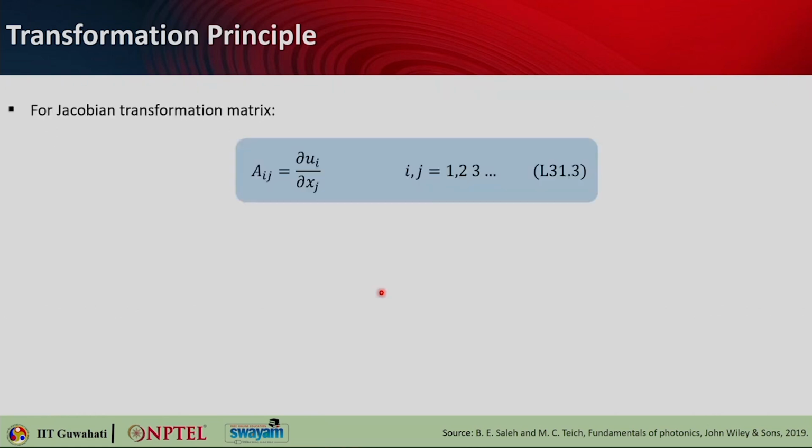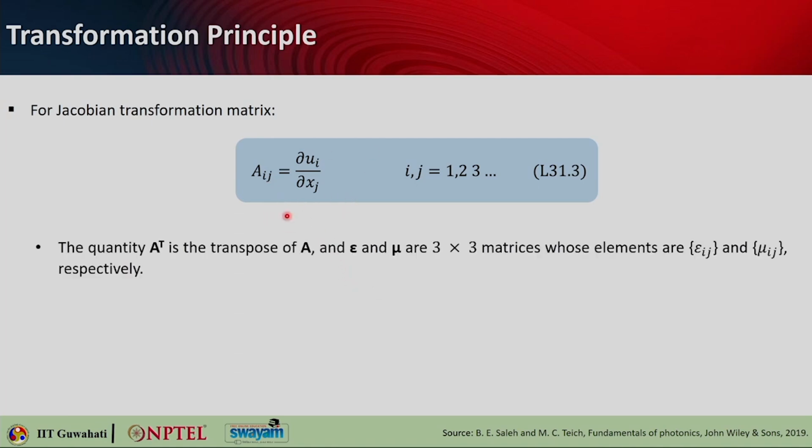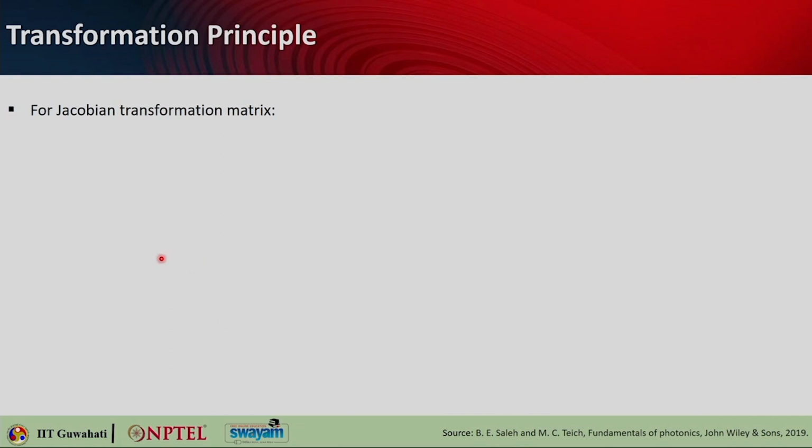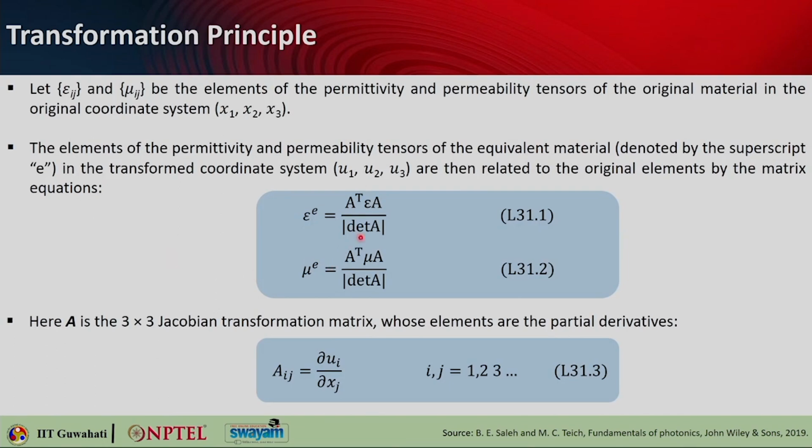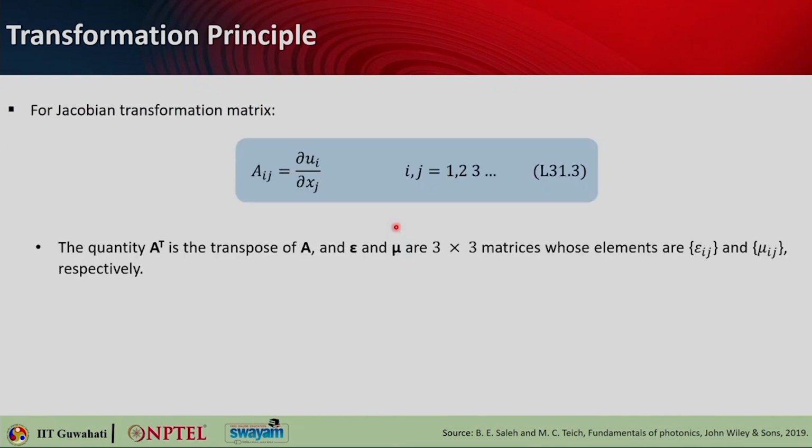Now, we have seen the Jacobian transformation matrix, these are the elements. When you have this A transpose, this is required to calculate the equivalent material properties, and epsilon and mu are also 3 by 3 matrices whose elements are these.